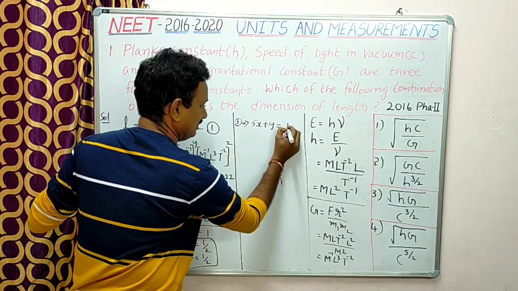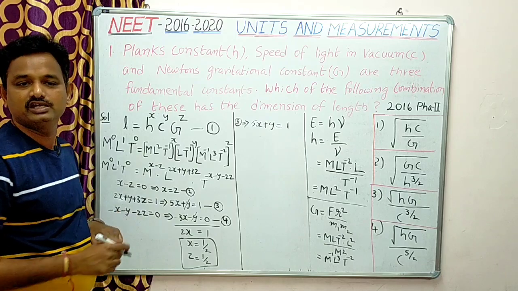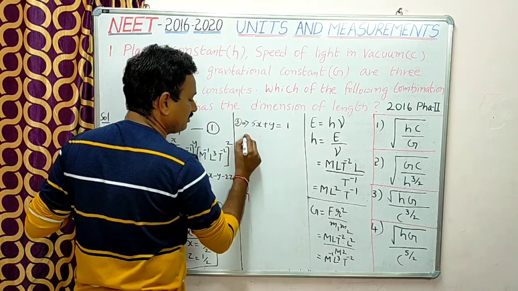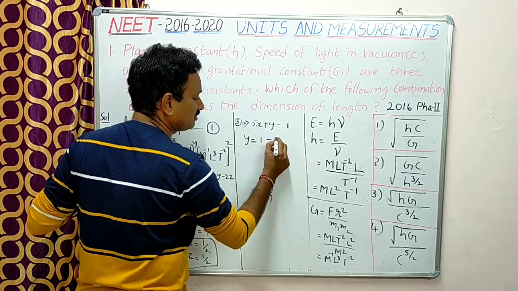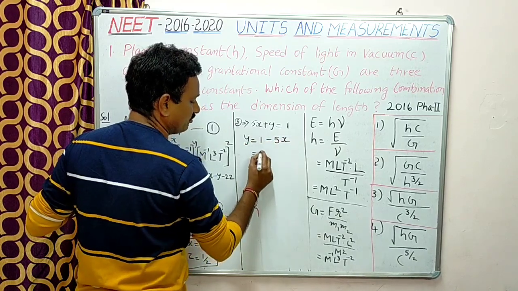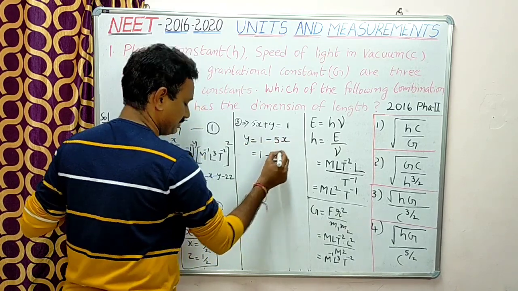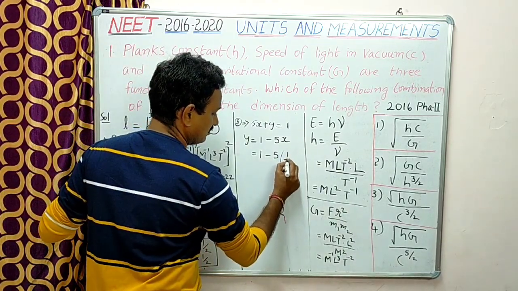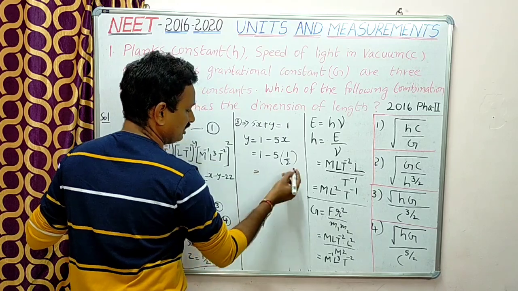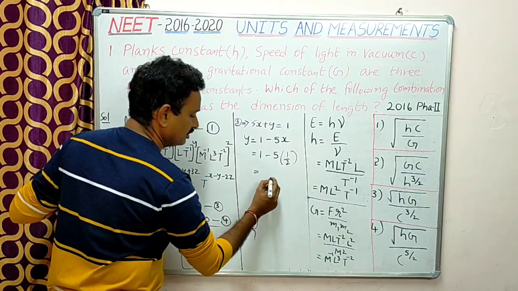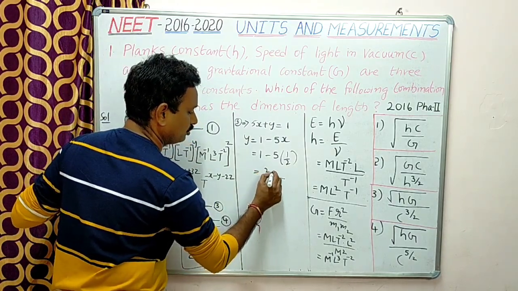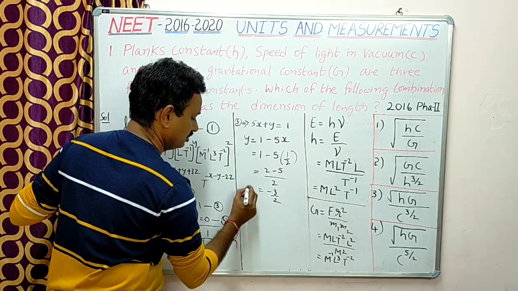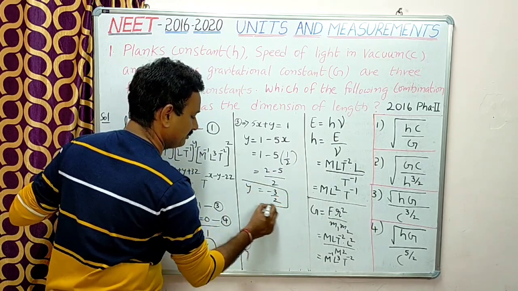So y equal to 1 minus 5x, with x as 1 by 2, that means 5 into 1 by 2. If you do the LCM here, 2 is the LCM. So 2 minus 5 equals minus 3 by 2. So y equal to minus 3 by 2.